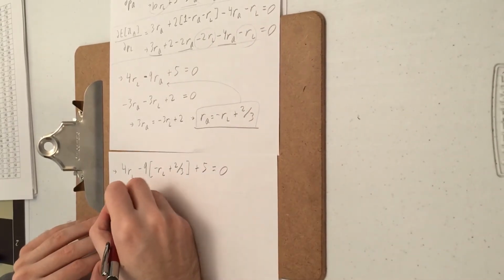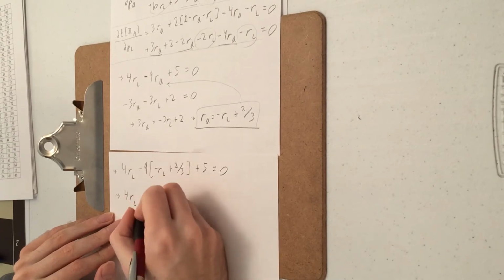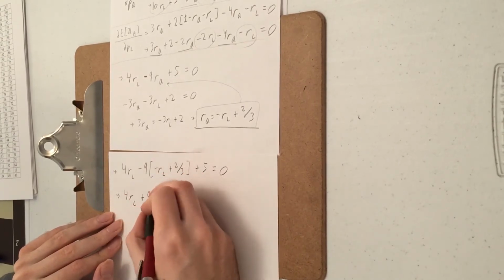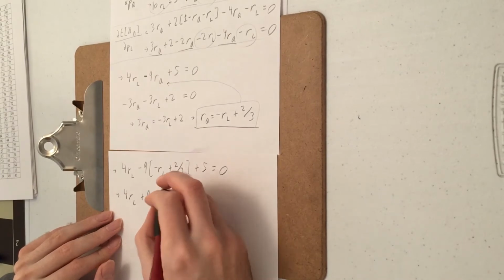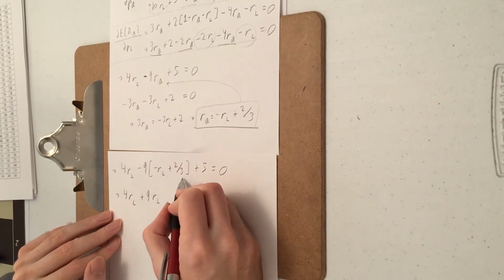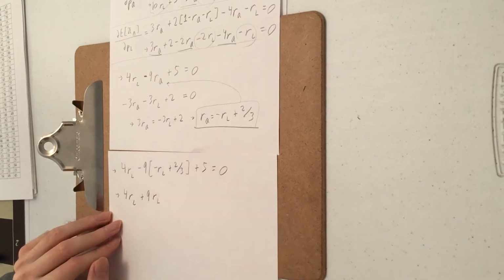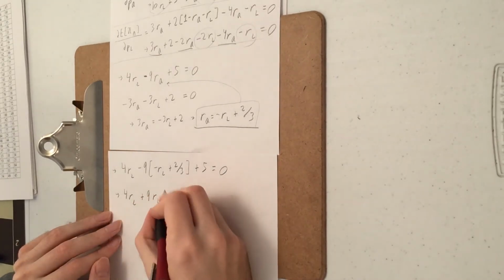Let's expand. So minus 9 times minus RL is plus 9RL. Minus 9 times 2/3 is going to be minus 6.